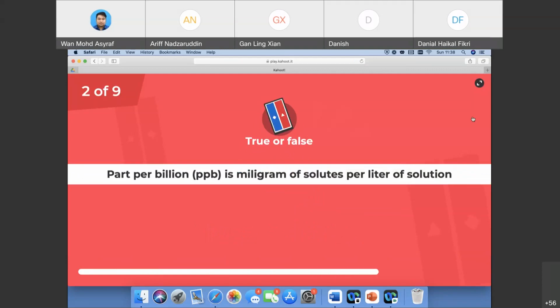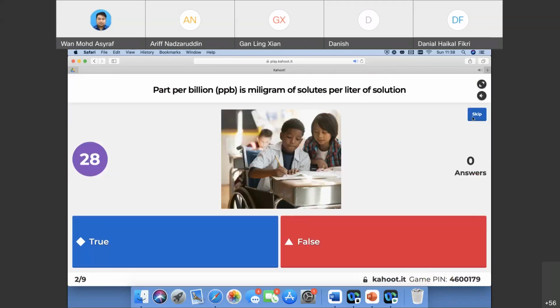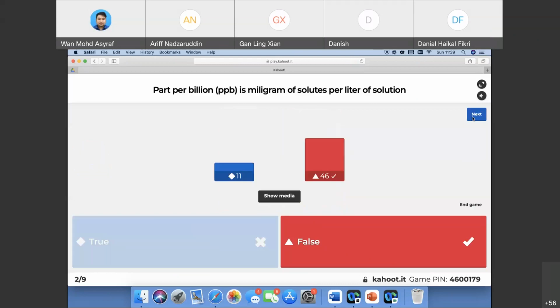Part per billion ppb is milligram of solutes per liter of solution. Okay, jawapannya adalah salah. Alright.